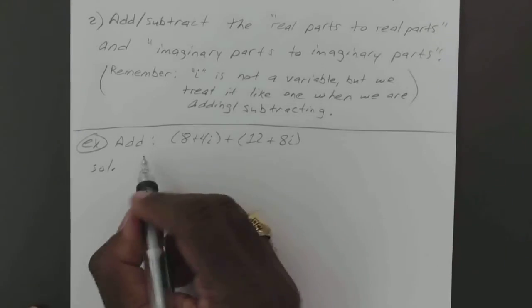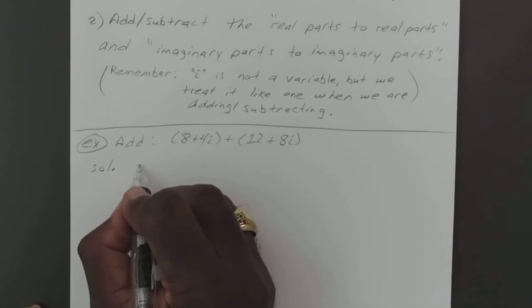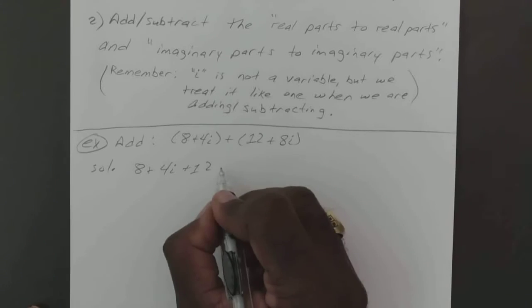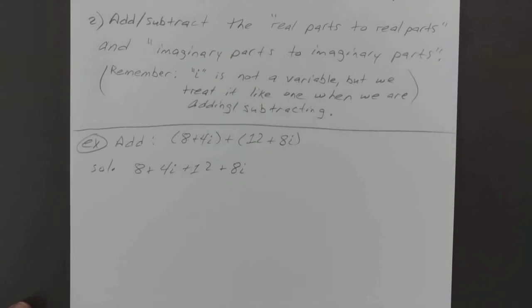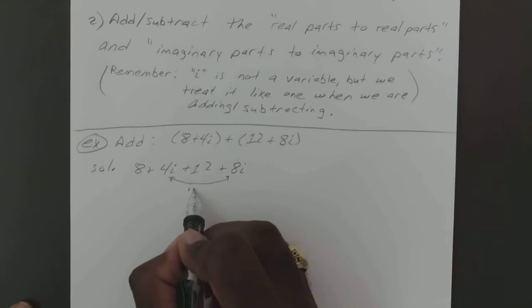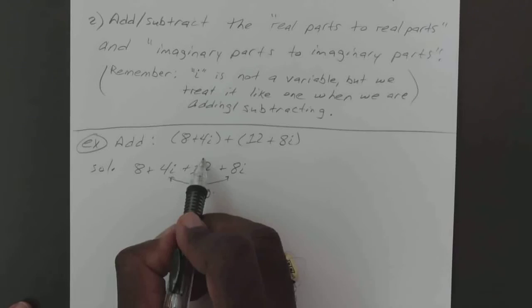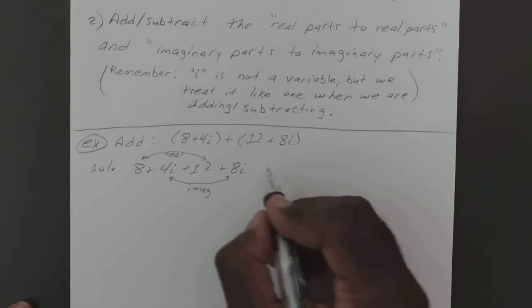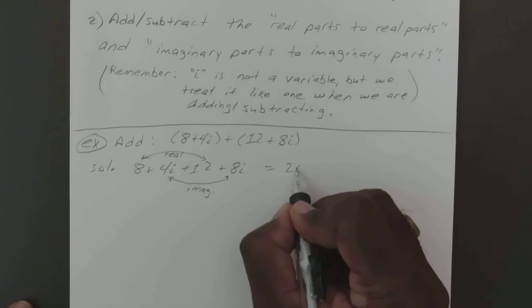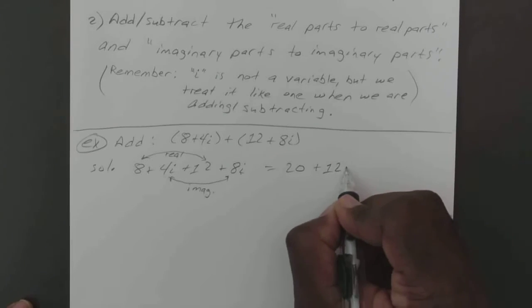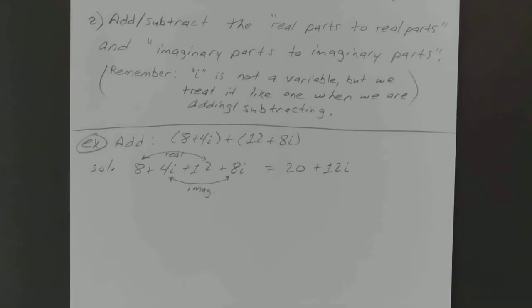So you get rid of your parentheses, which, since they're all adding, it's just 8 plus 4i plus 12 plus 8i. You add your imaginary parts and you add your real parts. So 8 and 12 is 20, 8 and 4 is 12, just like you would if it was a variable.